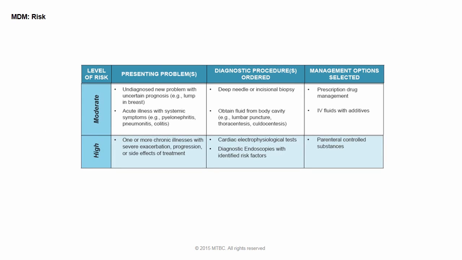On the other hand, if the presenting problem is one or more chronic illnesses with severe exacerbation, progression, or side effects of treatment, the level of risk would be very high. The diagnostic procedures in that case would be diagnostic endoscopies with identified risk factors. And as a result, the management option selected would be extensive as well: parenteral controlled substances.